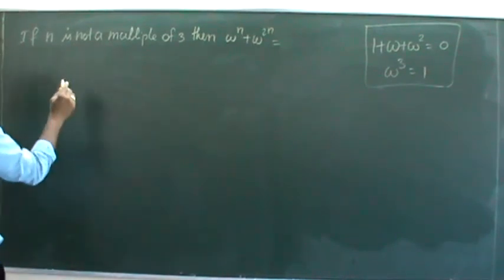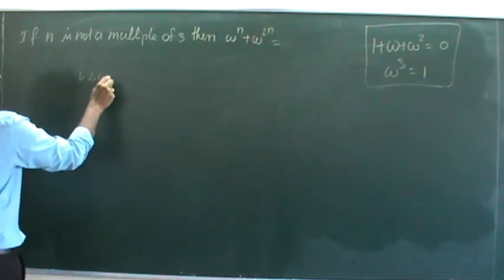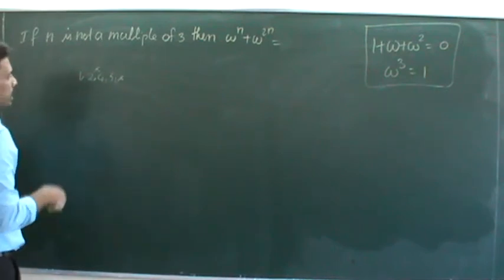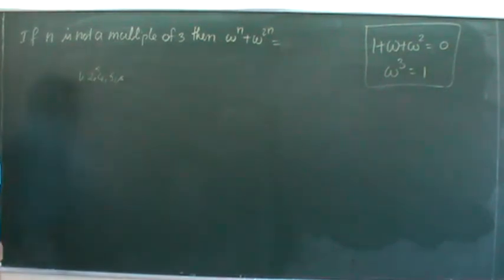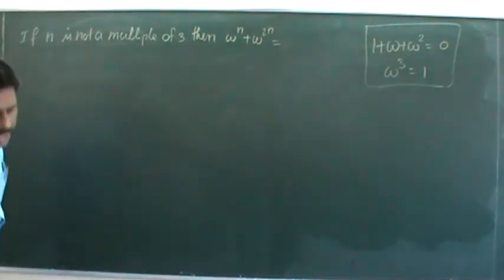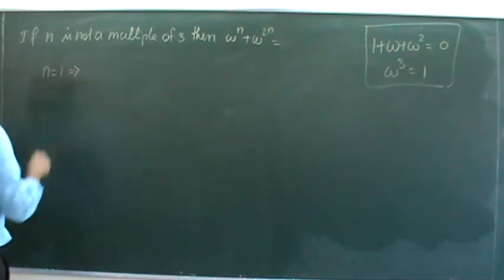Not a multiple of 3 means 1 is not a multiple of 3, 2 is not a multiple of 3, 4, 5, because 3 is a multiple, 6 is a multiple. Okay now? So you can take any one value, you will get the answer. Generally we take the easy one, means 1 we will take. That means n equal to 1, n equal to 1 is not a multiple of 3.